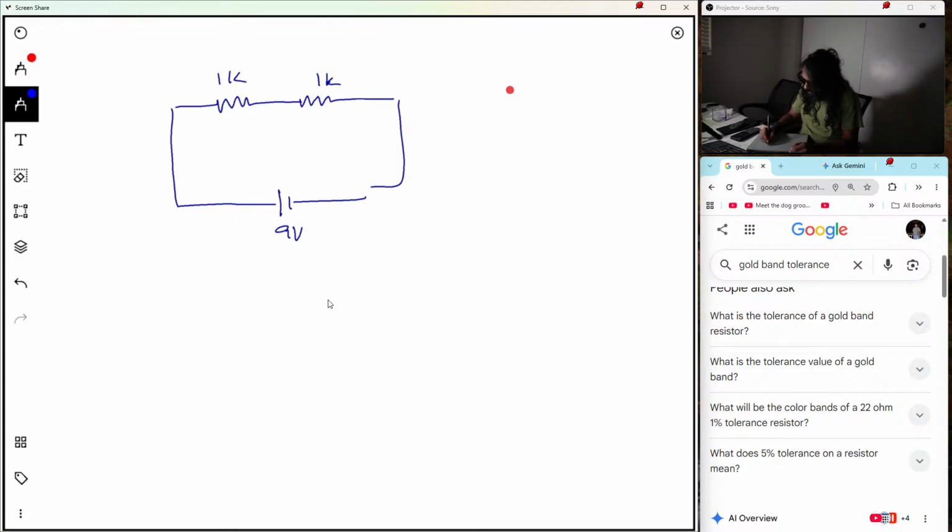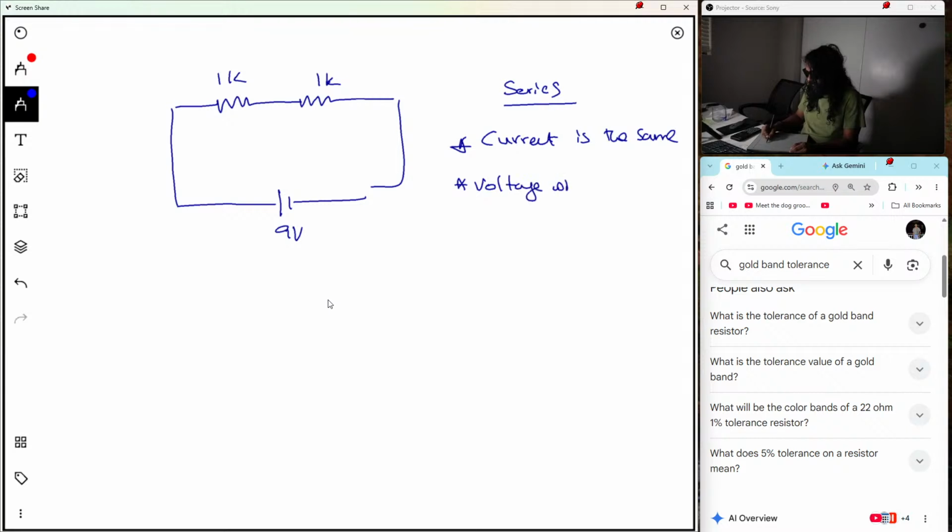So in a series circuit, current is the same, we saw that, right? And voltage will divide. So I said that the current is the same.